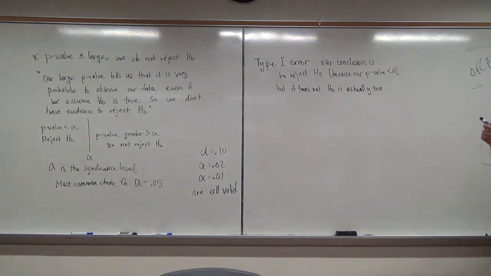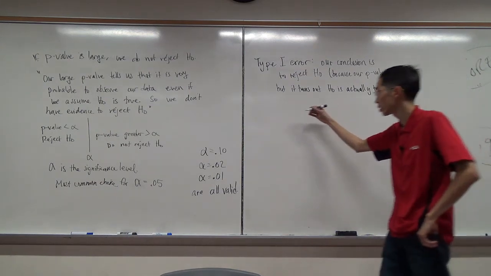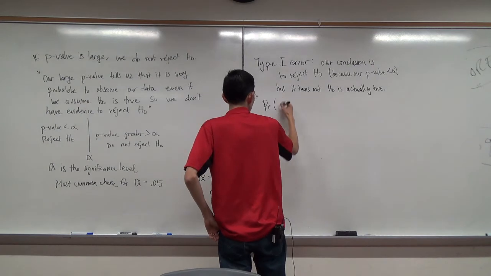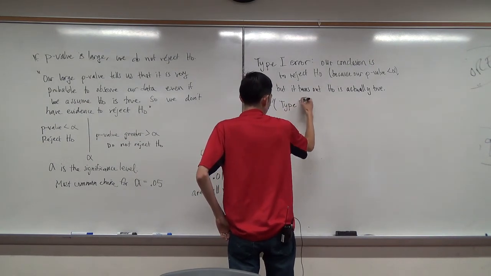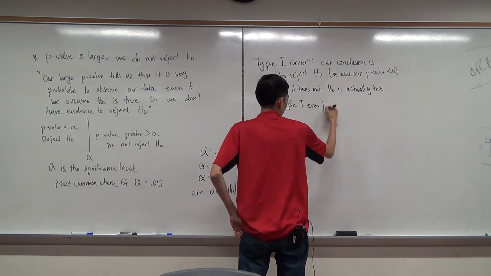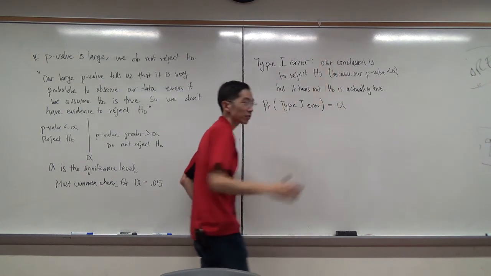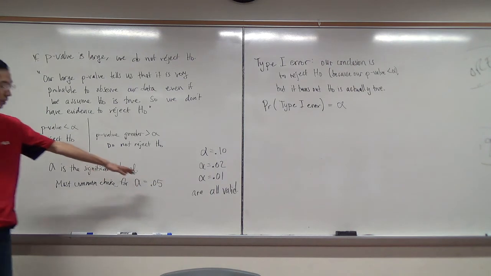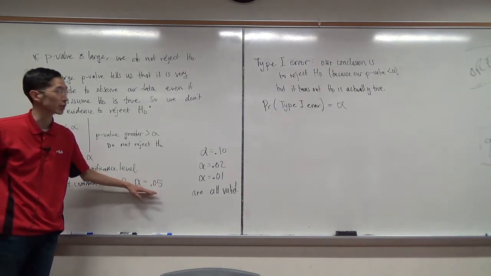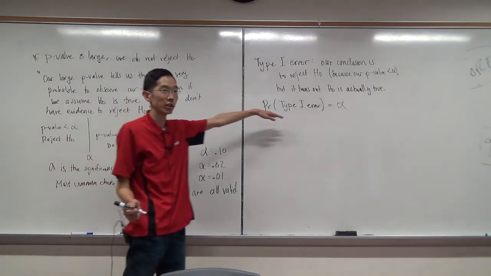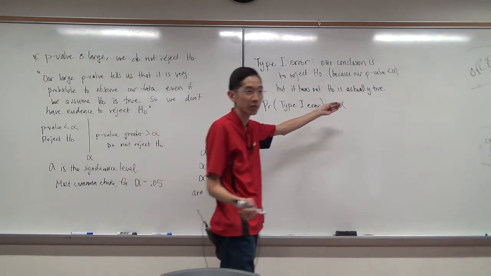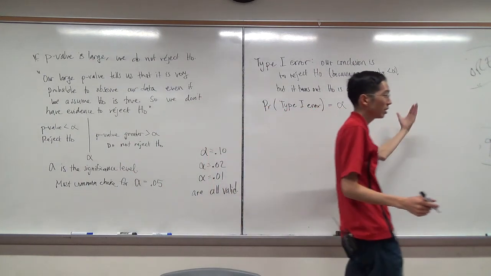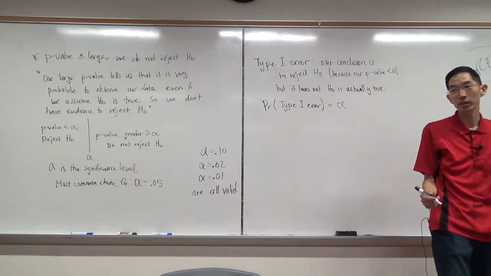If that happens, we've made a mistake, and that's called the type 1 error. The probability of a type 1 error is equal to alpha. So if you say alpha is 5%, you're going to make a type 1 error about 5% of the time. If you choose alpha 10%, you're going to make a type 1 error about 10% of the time.